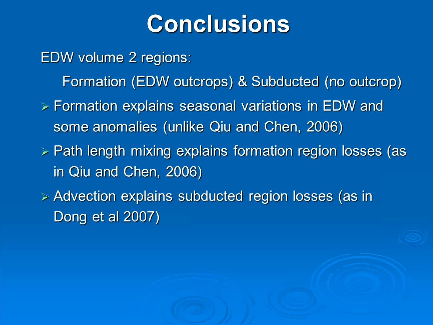The model also indicates that the Gaussian path as a proxy for mixing also explains part of the EDW volume loss. This is consistent with what was found in the North Pacific. Also, if we include the advection term for loss, this also improves the model for the subducted region.